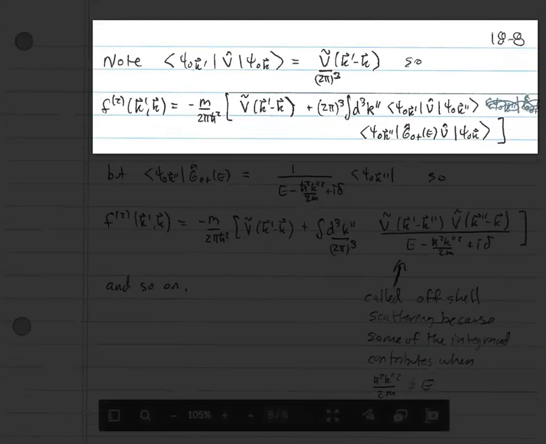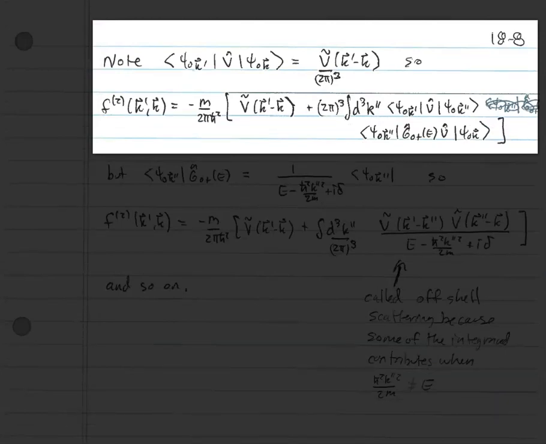All right, so what we're saying is that ⟨ψ0 k'|V|ψ0 k⟩ is given by Ṽ(k' − k) over (2π)³. And that is incorporating all of the particular constants in the way that we want to incorporate them for the definition of what we're calling Ṽ. So using that definition, then we can calculate the second Born, f2(k', k).